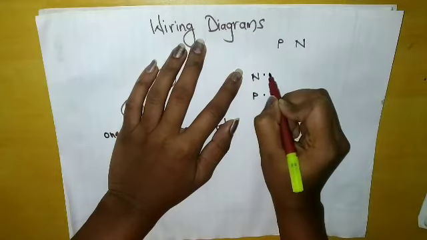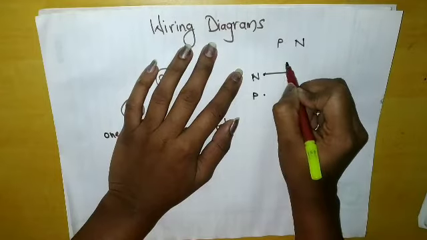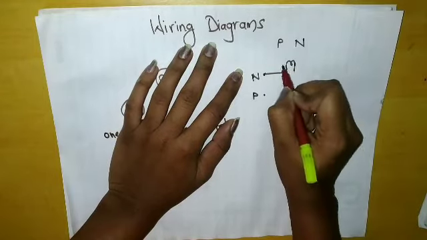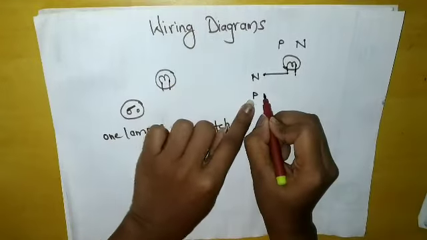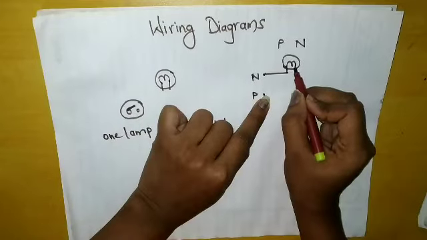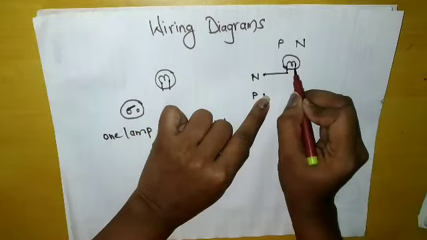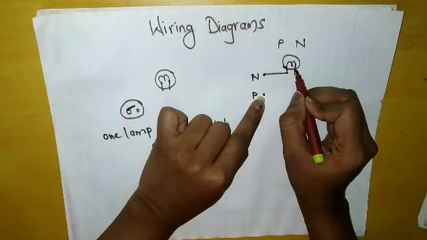Now the neutral is given to our appliance. Our appliance is a bulb here. So this is our bulb, and phase is always given to the switch. Phase is not given to the appliance. Here our appliance is a bulb, but we do not give the phase directly to our appliance.